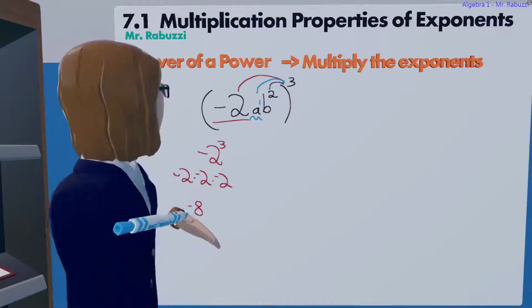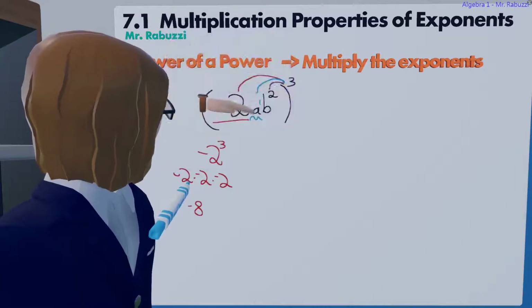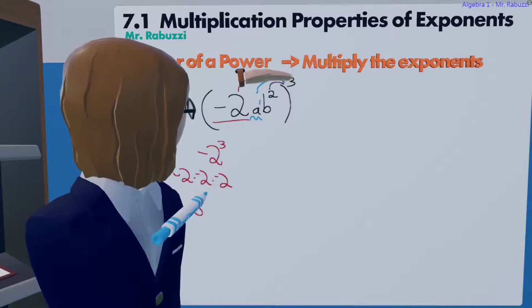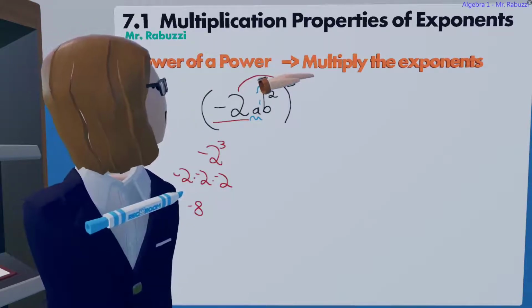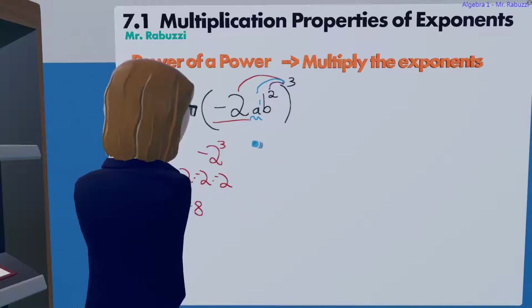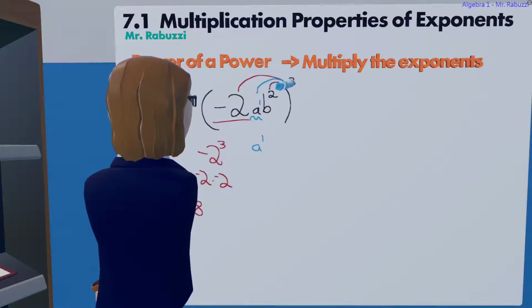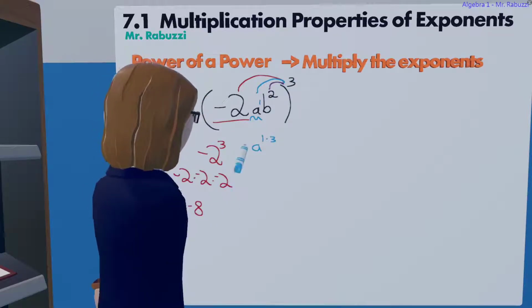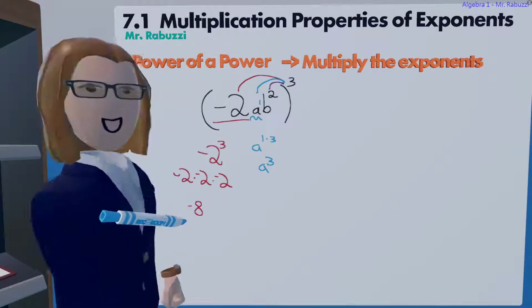Exponent 1. Okay. Now we see we have A to the 1 to the 3. So it's power of a power. We multiply. So it's going to be A to the 1 times 3. 1 times 3 is 3, so it's just A to the 3. Okay?